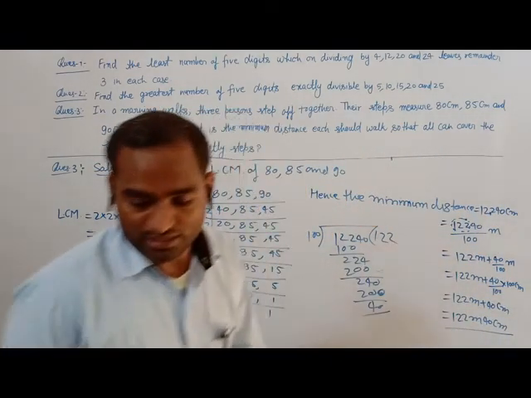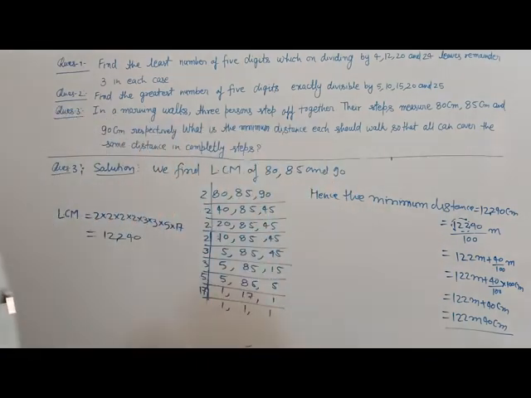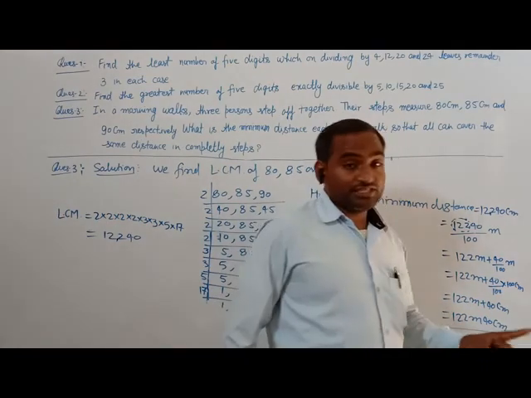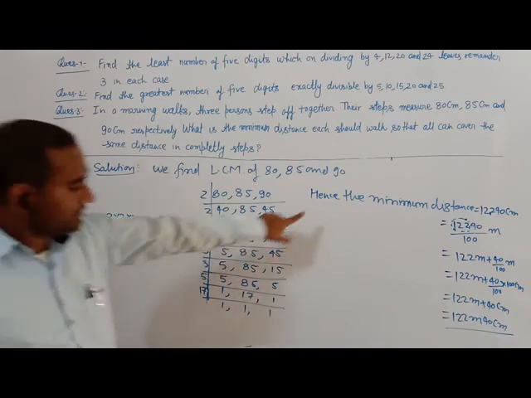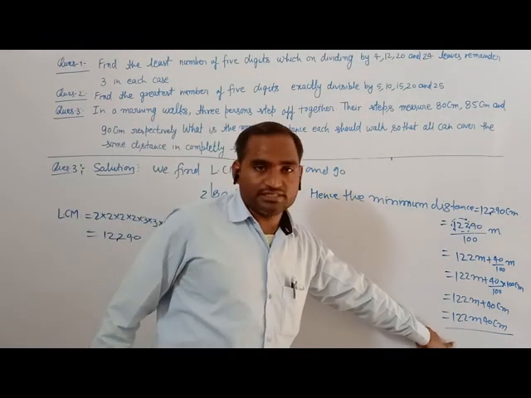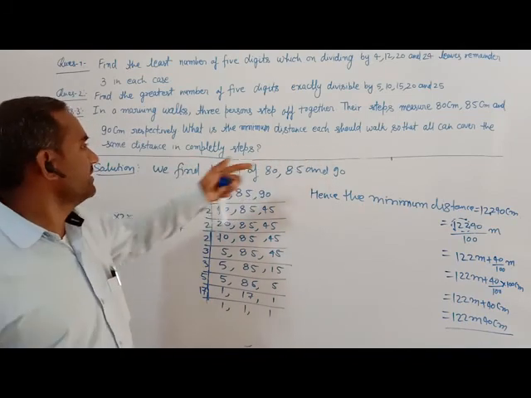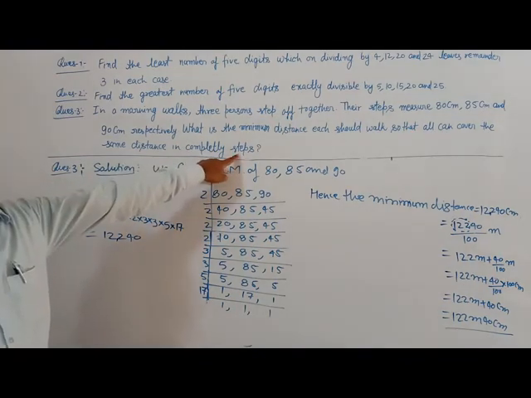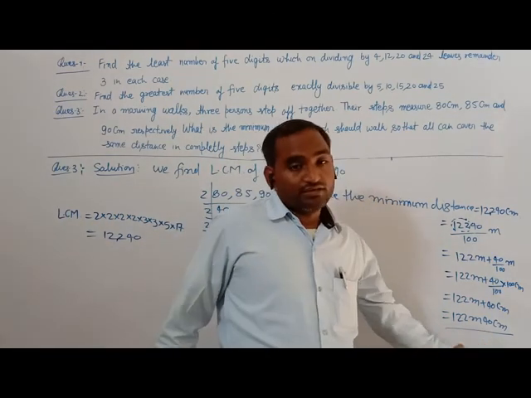This will be the answer. So the minimum distance is 122 meter and 40 centimeter. All the persons cover this distance together. When they walk together, they will complete this distance in complete steps.